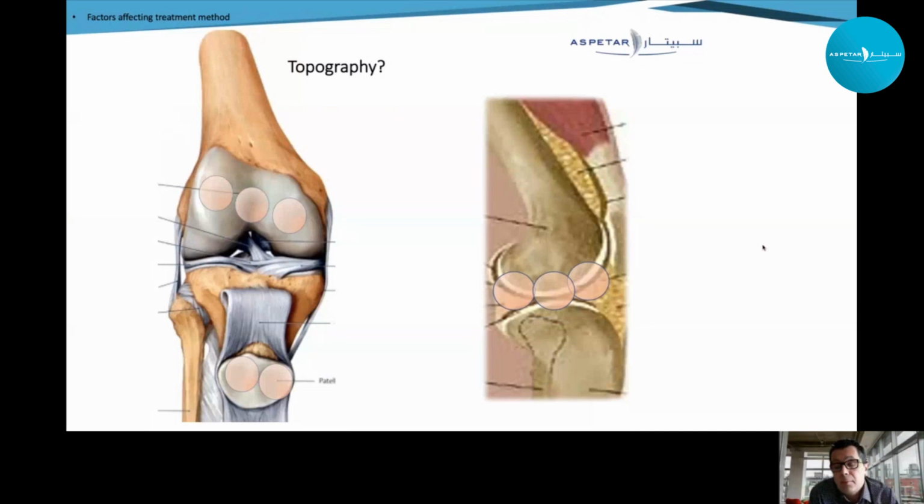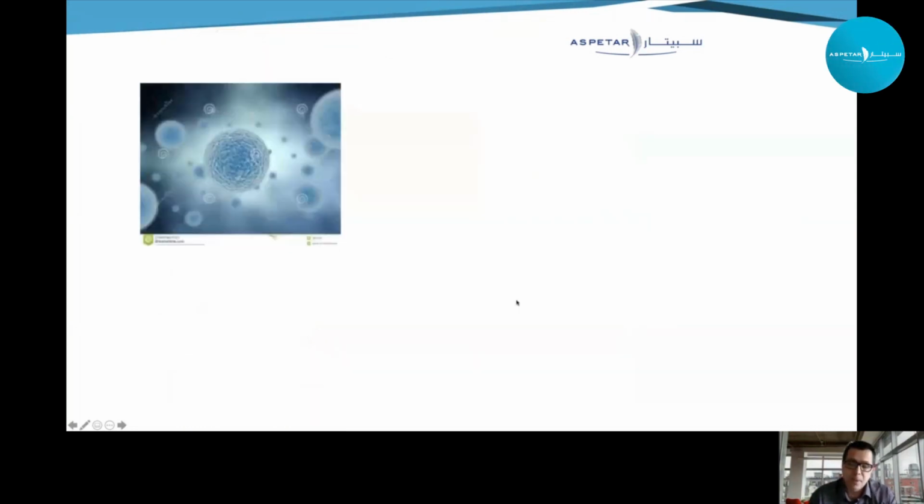And it's a totally different thing to deal with a cartilage defect in the anterior part of the femoral condyle compared to this one or this one, which are in the weight-bearing areas, and this plays a role in running, in changing directions, in everything. So in this one, we might do nothing, or maybe a small debridement. In this one, we might need to do something more than that.